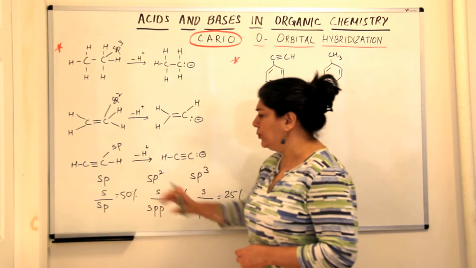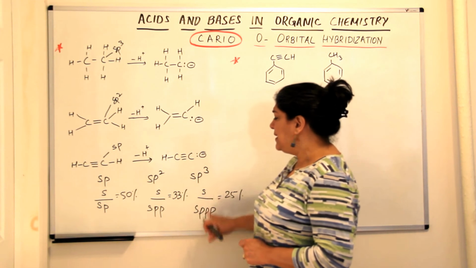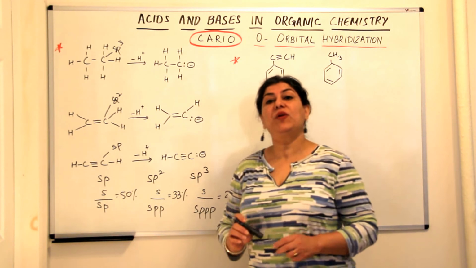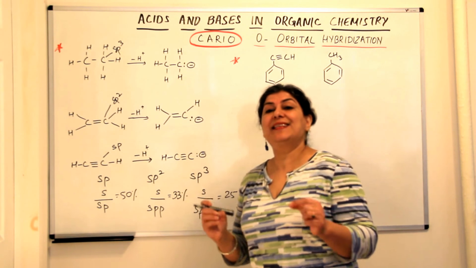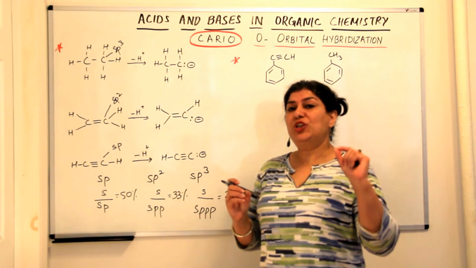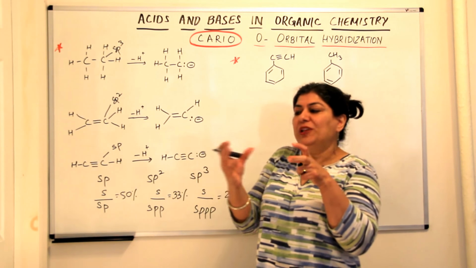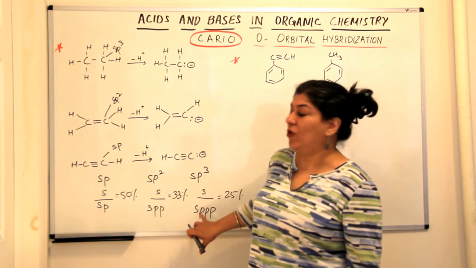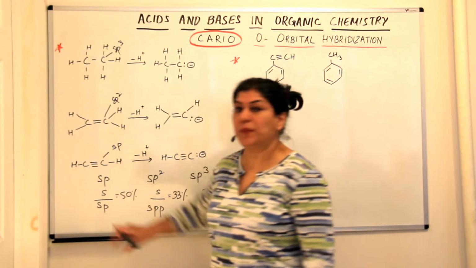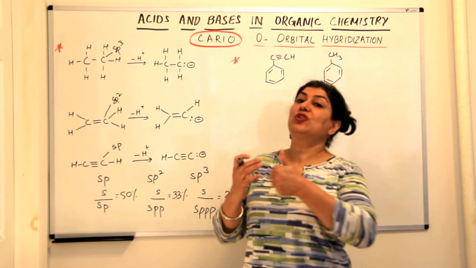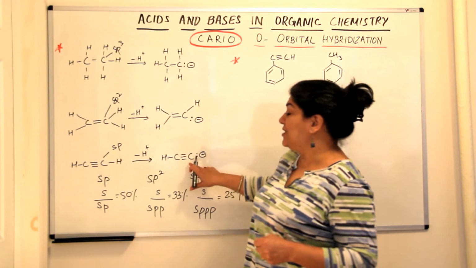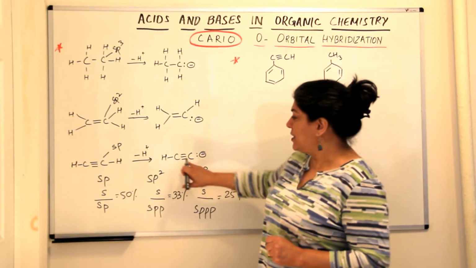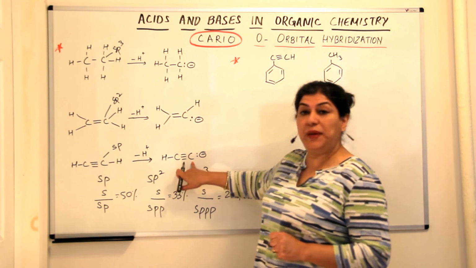So what does this show? It shows us that in an sp3 orbital, although all the 4 sp3 orbitals are identical, the s character is the minimum, which means the tendency to pull the electrons towards the nucleus is the least in sp3 orbitals, while in sp orbitals, the tendency to pull the electrons towards the carbon nucleus is the most. So when deprotonation occurs, this carbon is sp hybridized.